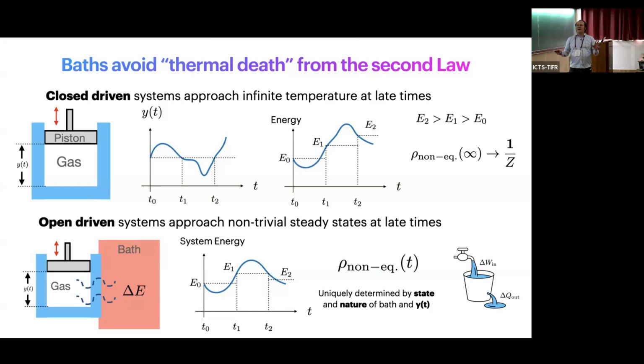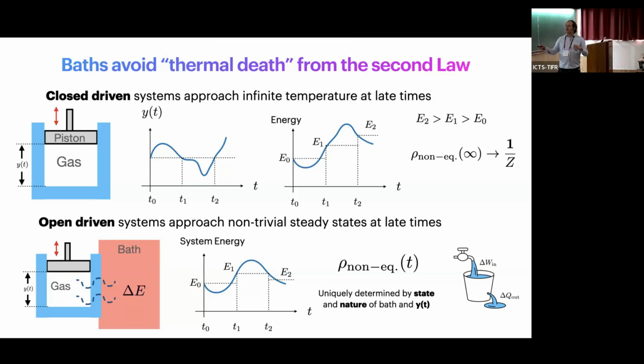But I don't want to be in this setting in which the system is closed because of those kinds of limitations. So I want to be in a setting in which we are driving the system, but the system is also coupled to a heat bath. This will allow us to have non-trivial steady states in which the system just doesn't heat up to infinite temperature. That's going to be the setting.